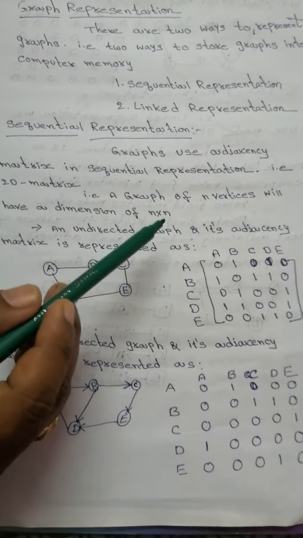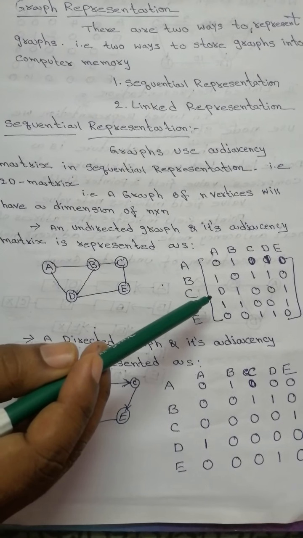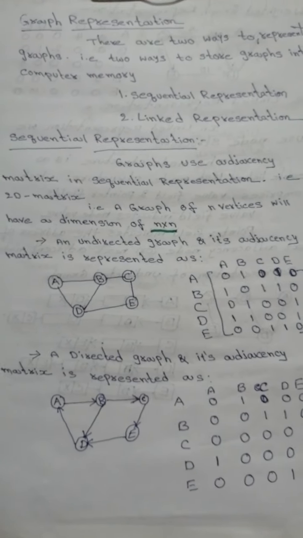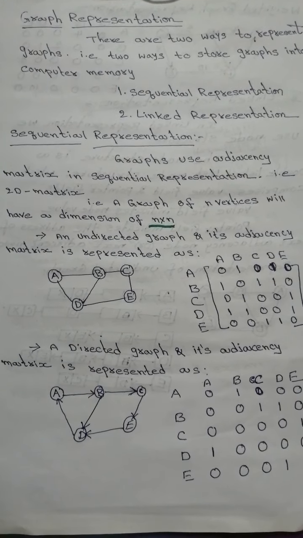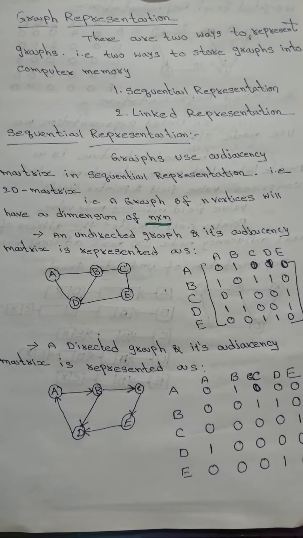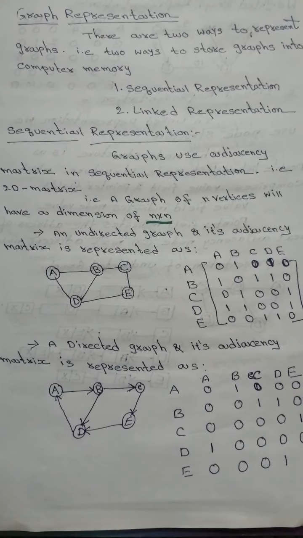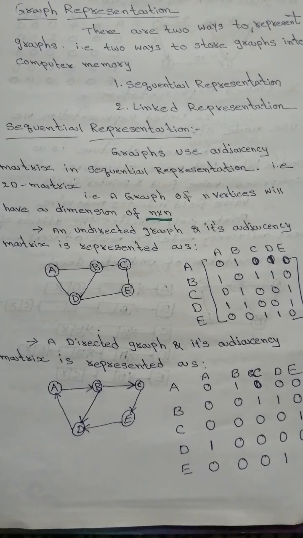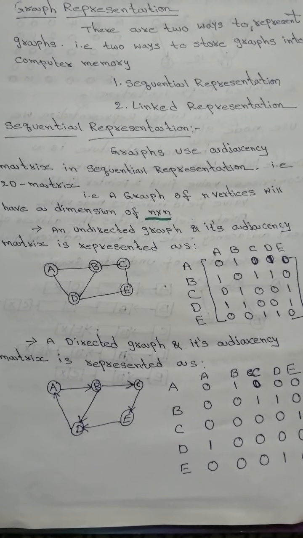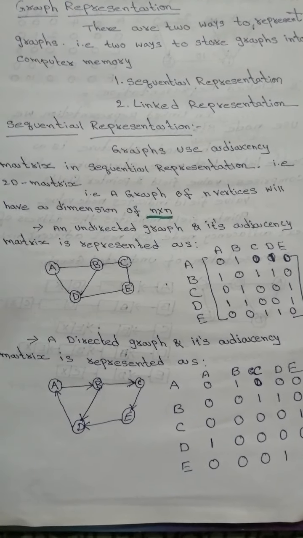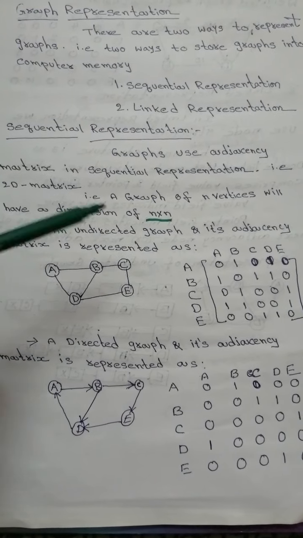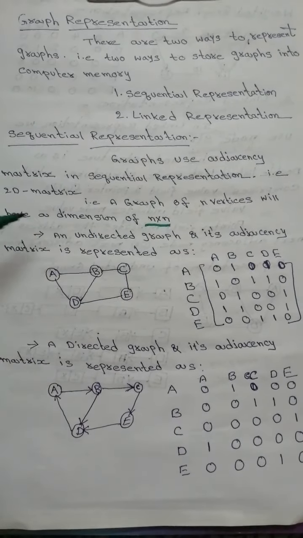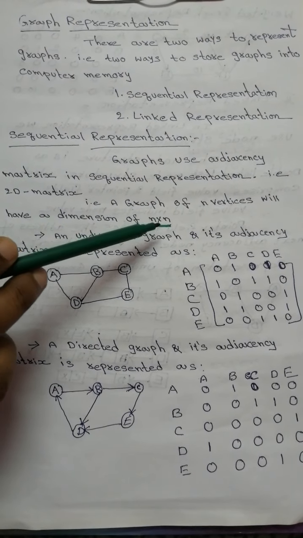A graph is represented in a two-dimensional array with a dimension of n by n, where n is the number of vertices. The vertices are considered as rows and also as columns. That is, a graph of n vertices will have a dimension of n by n.